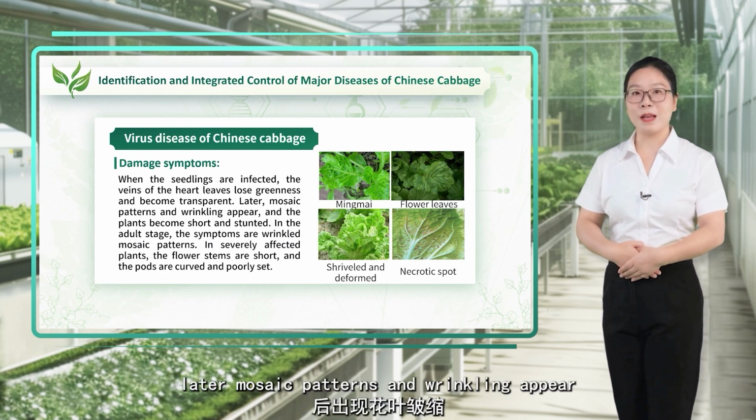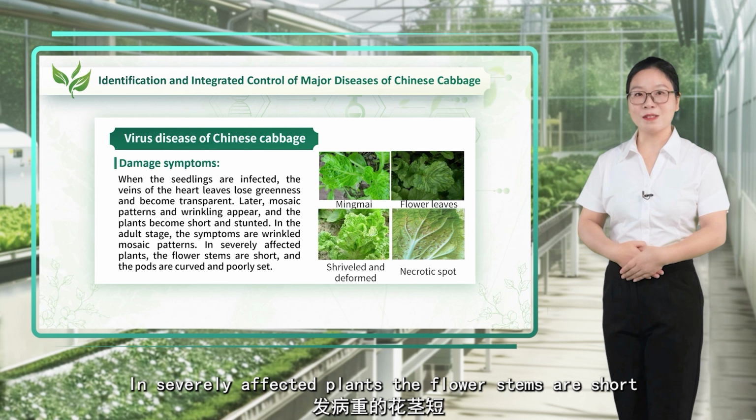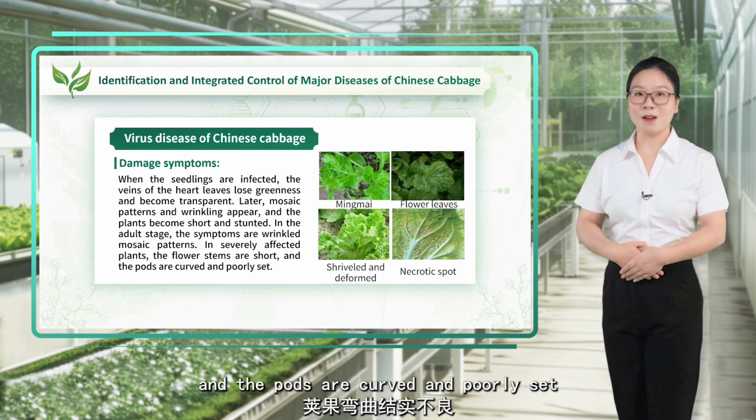Later, mosaic patterns and wrinkling appear, and the plants become short and stunted. In the adult stage, the symptoms are wrinkled mosaic patterns. In severely affected plants, the flower stems are short, and the pods are curved and poorly set.